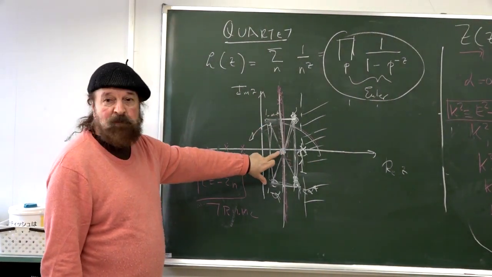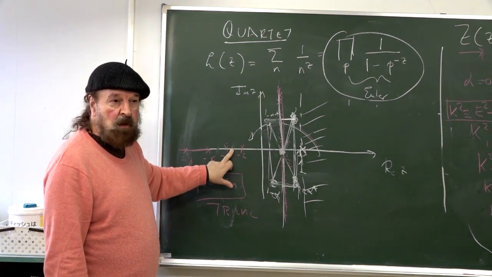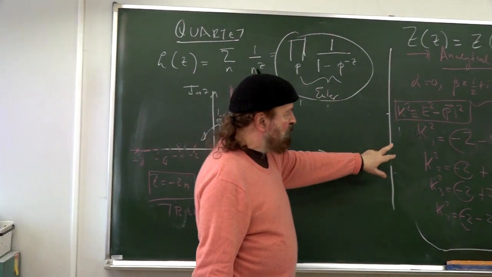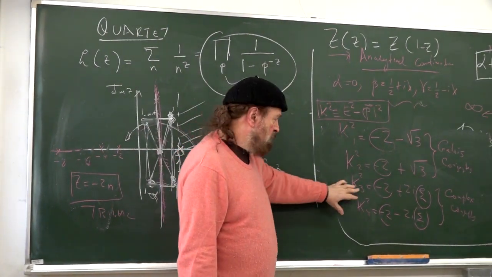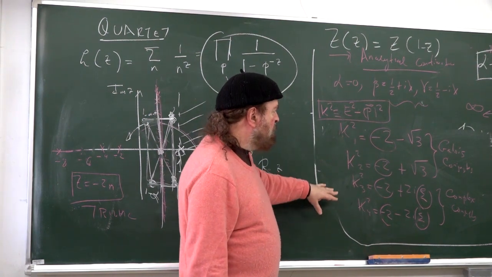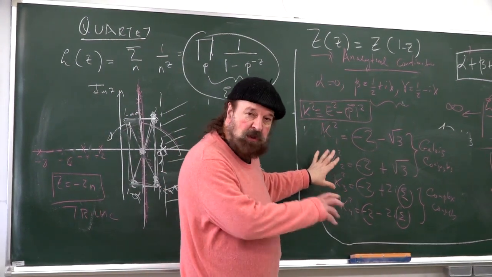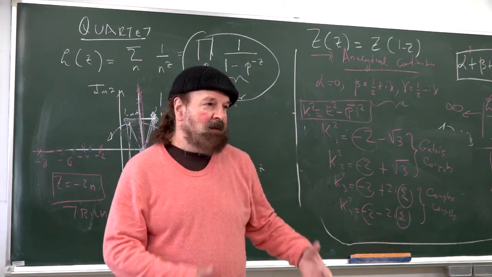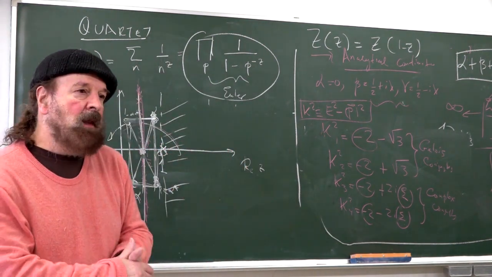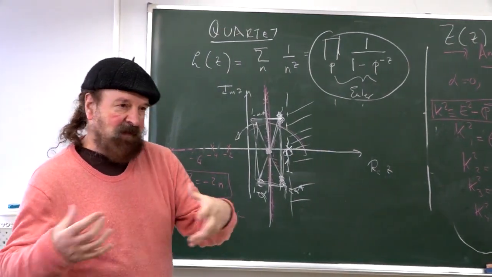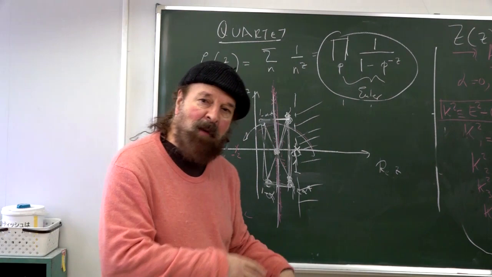Riemann had to perform an analytic continuation to explore this region of the complex plane. Here, we have to perform an analytic continuation to complex variables, and in order to do that, we have to go from on-shell tachyons to off-shell tachyons. So there's some interconnection between the physical aspect and the number theoretical aspects.